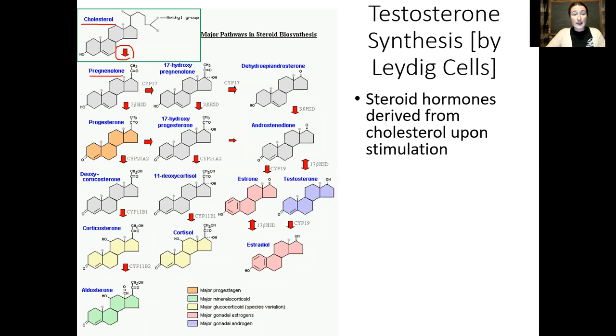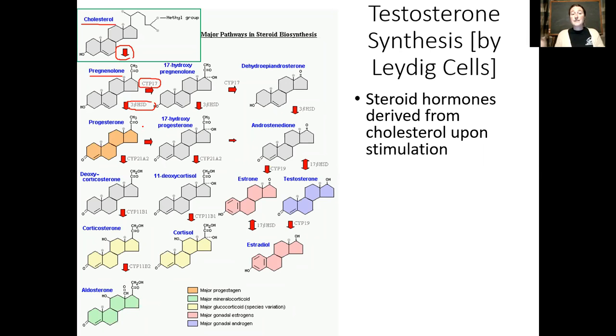Pregnenolone can then be modified by either an enzyme called CYP17 or an enzyme called 3-beta-HSD. These are not test worthy, by the way. But what I'm getting at here is that this hormone can have two different fates, or actually a lot more than two, depending on whether it is modified by CYP17 or 3-beta-HSD.